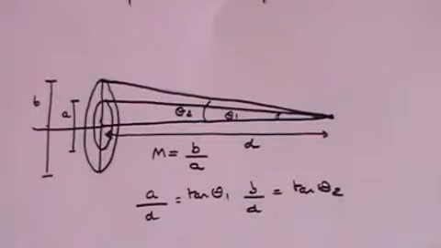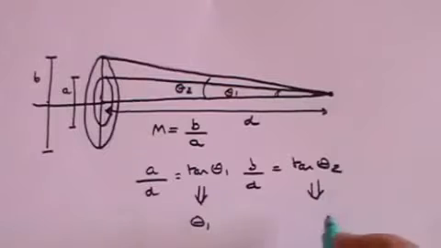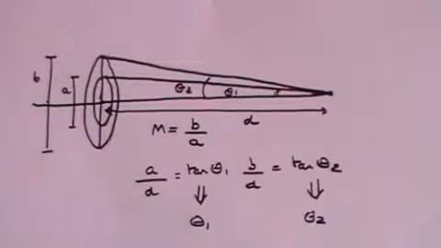Now, for very small angles, which is what will be true when we're talking about astronomical observations, the tangent of theta 1 is equal to theta 1 if theta 1 is measured in radians. Similarly, the tangent of theta 2 is theta 2, where theta 2 is measured in radians. And so we have that A over D is theta 1, B over D is theta 2.